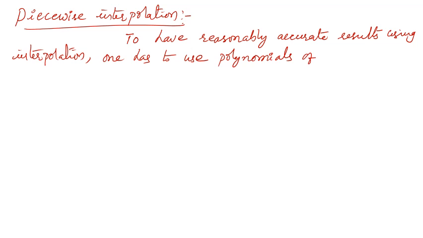What does high degree mean? Linear interpolation is first degree, but to get a more accurate result we have to use second order, third order, fourth order, not linear.